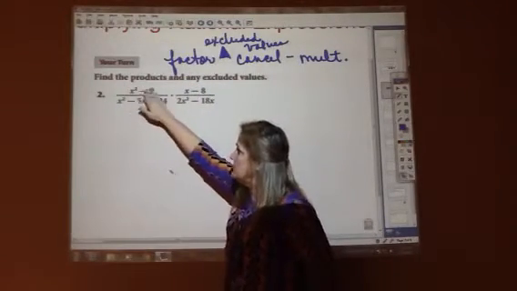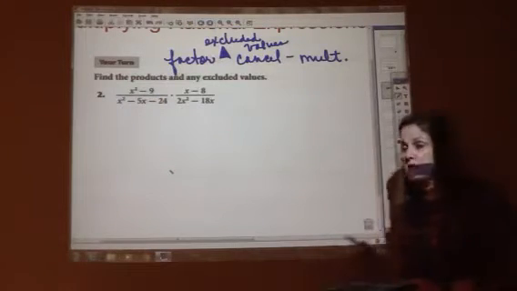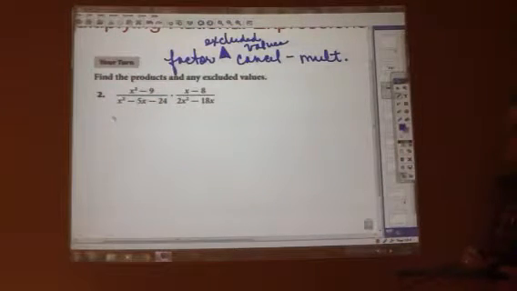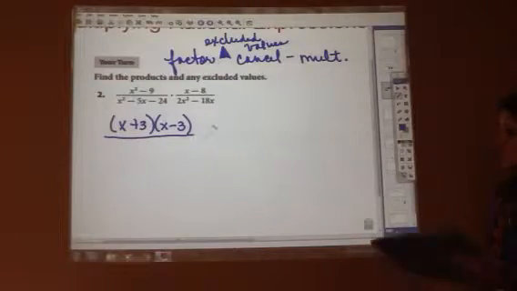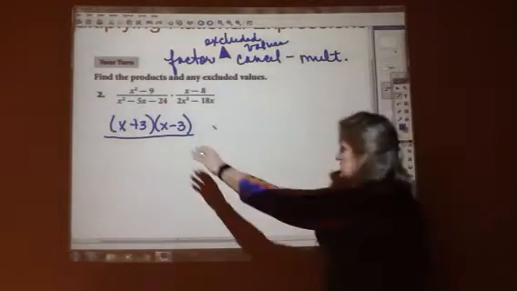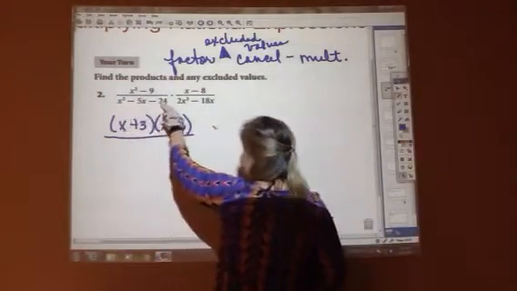Let's start right here with the numerator. X squared minus 9. What will that factor into? X plus 3, x minus 3, because that is a difference of two squares. Over. What about this trinomial right here? What will it factor into?